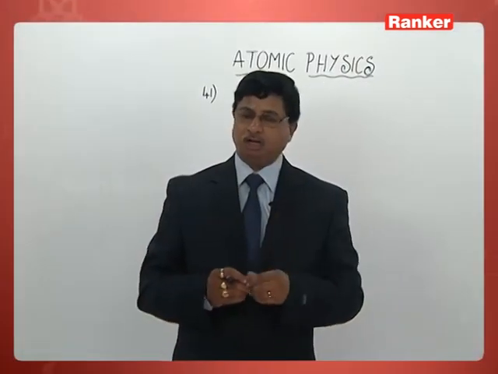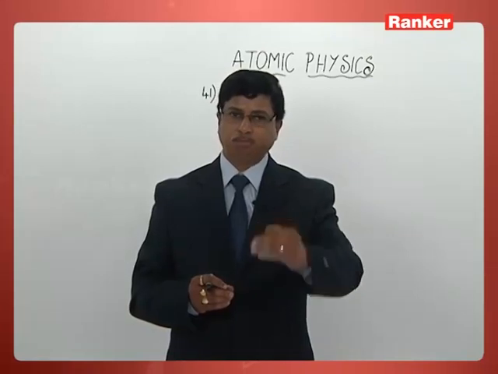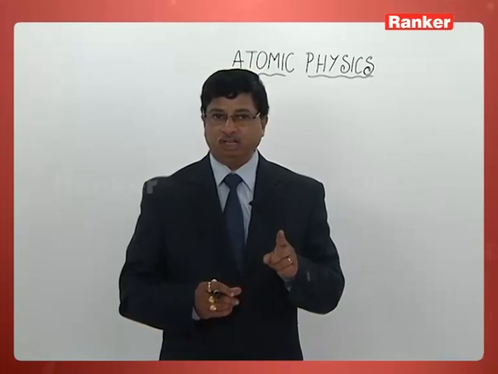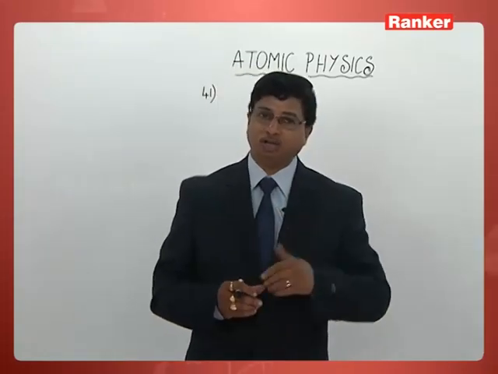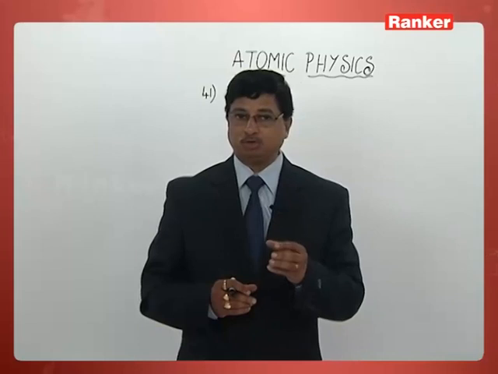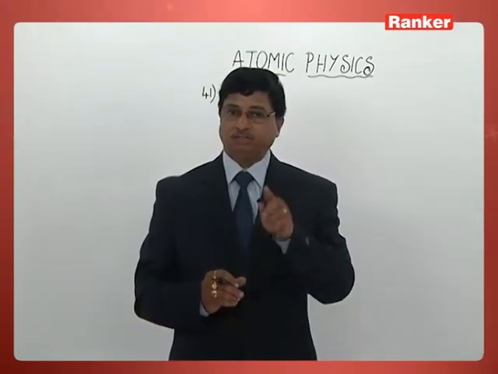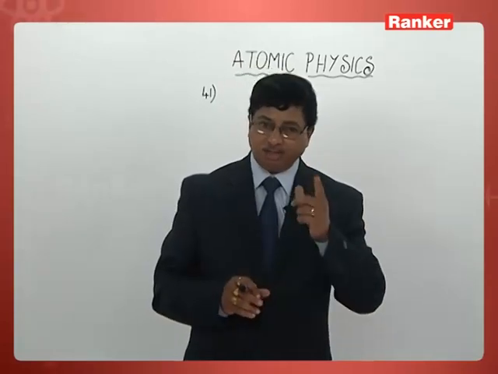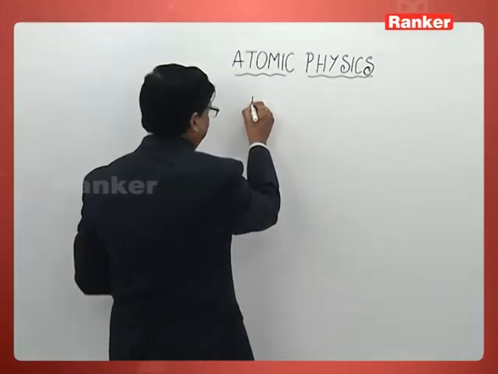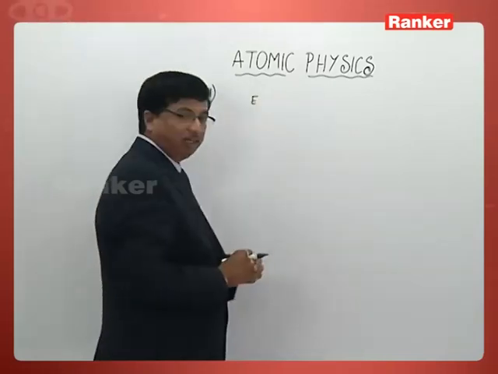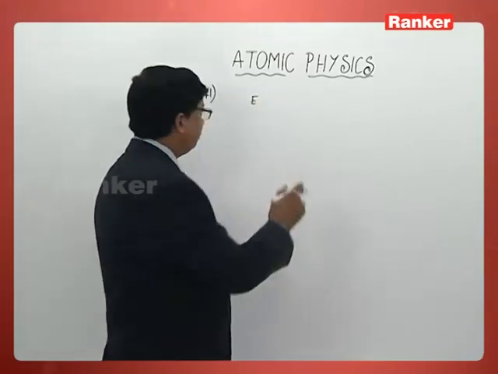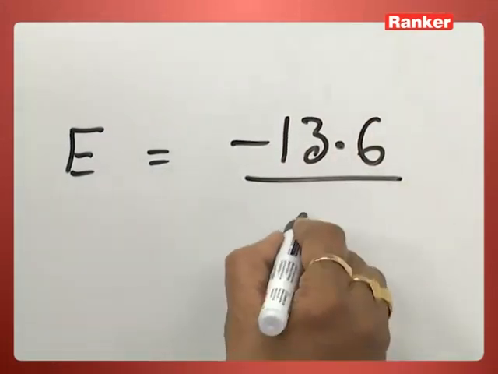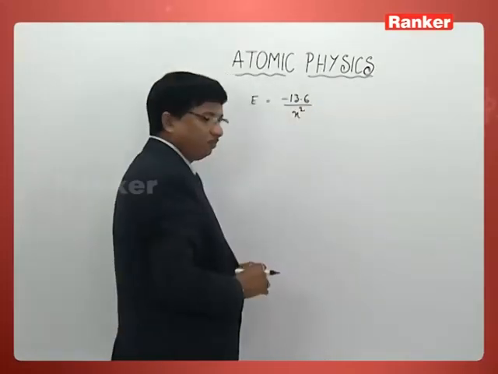All of you have seen already in the previous problem, just before this 40th problem, we identified that energy is not inversely proportional to n. It has to be inversely proportional to n square. That's why the second option given in that problem was taken as wrong there. Now exactly in the same manner, the energy needed to remove an electron is equal to minus 13.6 divided by n square.